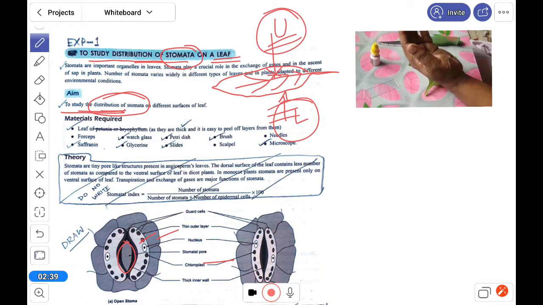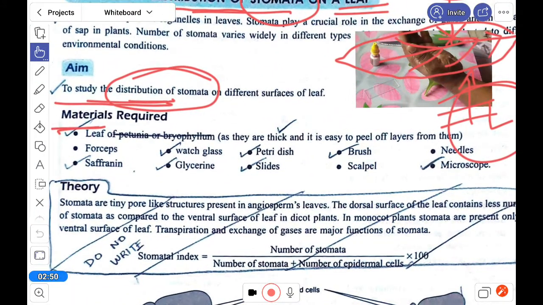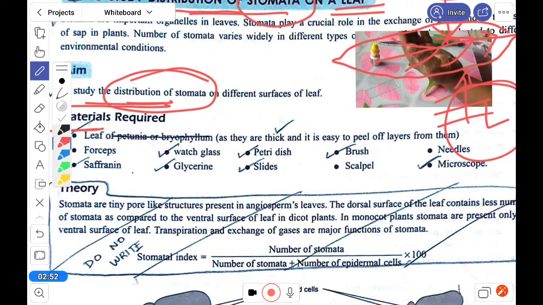All right. Now, what kind of materials are required? If you can see it in a little larger view, here it is. We need one leaf. I am not telling any name of the leaf, because we cannot provide the name all the time.